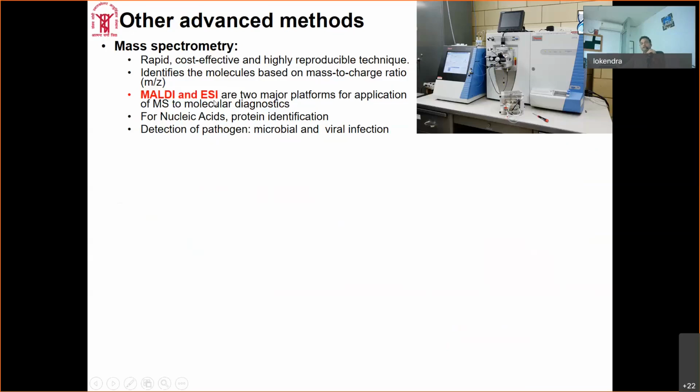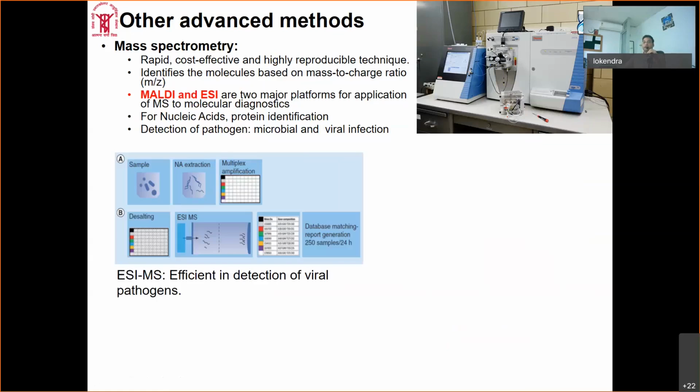In ESI, generally these nucleic acids or proteins are dissolved in an organic solvent, and this is applied for ionization. The molecules are sprayed in an ionization chamber that makes them ionized, and based on their ionization and movement, their mass to charge ratio decides their size and how they travel through the vacuum.